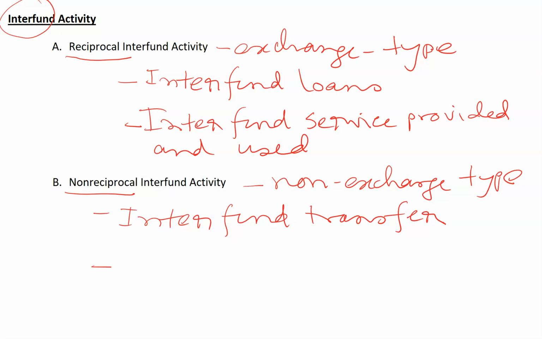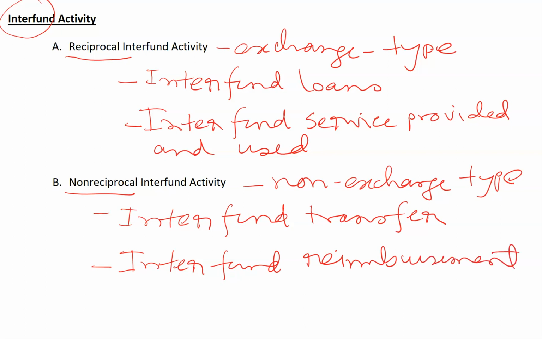Another example is inter-fund reimbursement. That means one fund can pay for some expenses made by the other fund, and in both cases, these are non-reciprocal.